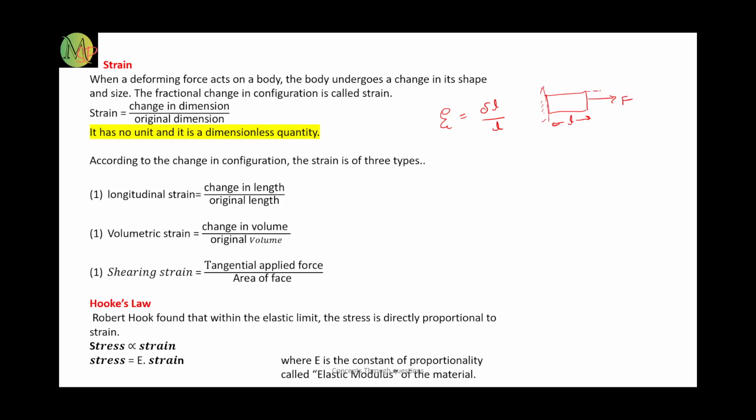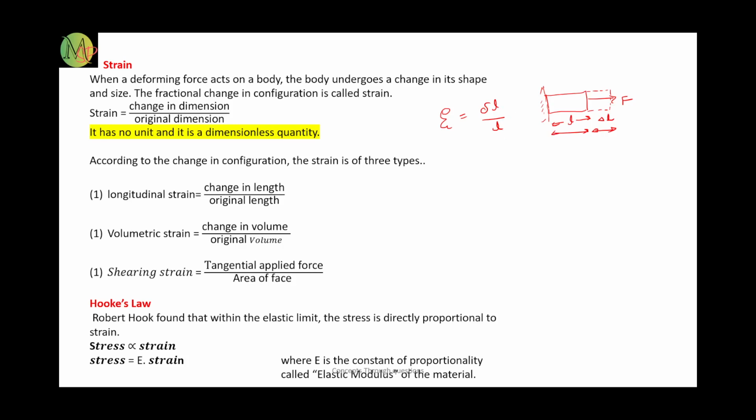So this is the increase in the length of the body after applying a force. This length is delta L. So this change in length to the original length, what is the original length? L. This is the original length. What is the change in length? Delta L. Delta L divided by L. How much is the change in length relative to the original length? That will give us the strain.